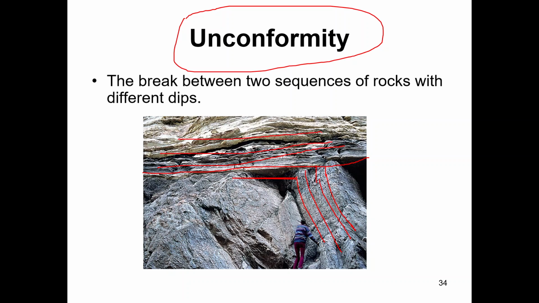So it means we have a sequence of deformation. This rock was deposited earlier than this one. This is the oldest rock, this is the younger rock, and the older rock experienced tectonic force. Then this rock bent or inclined in this direction. But this younger rock did not experience tectonic force, so it keeps its position in horizontal form.